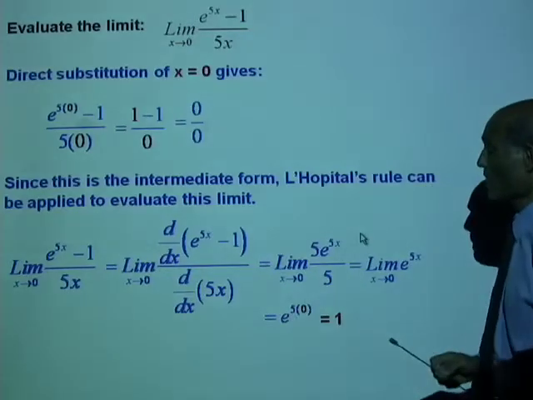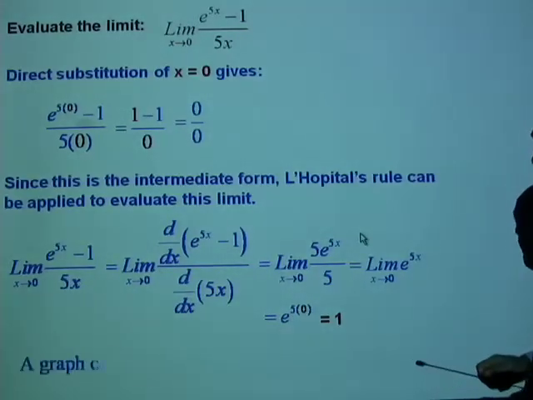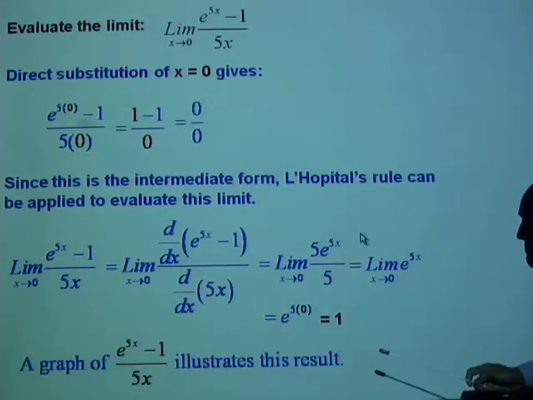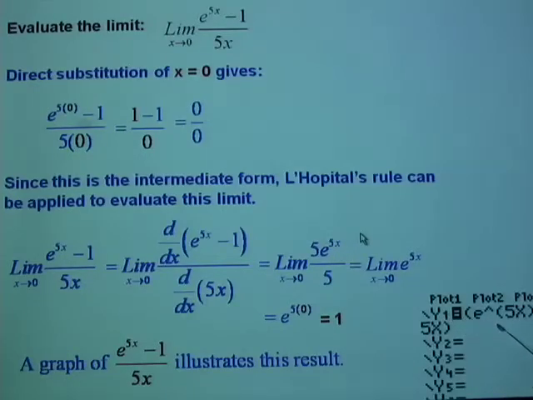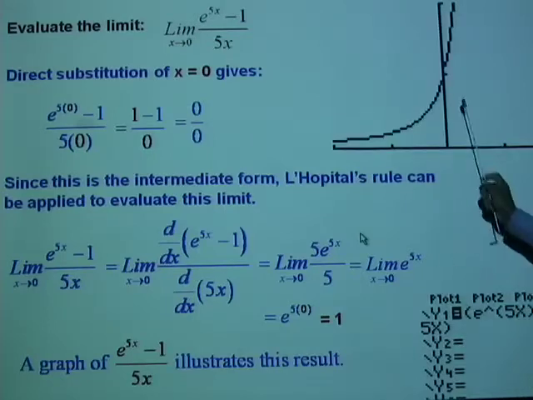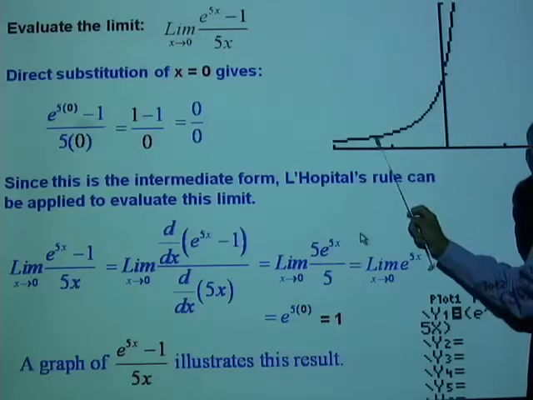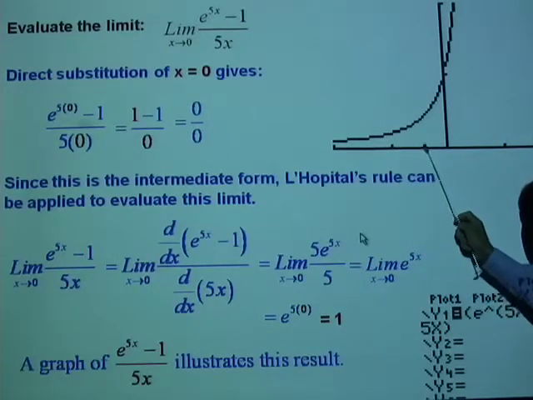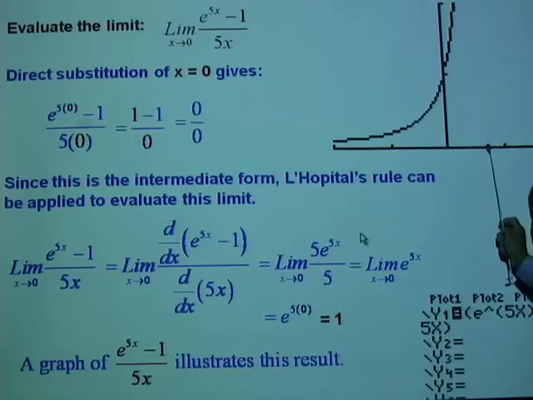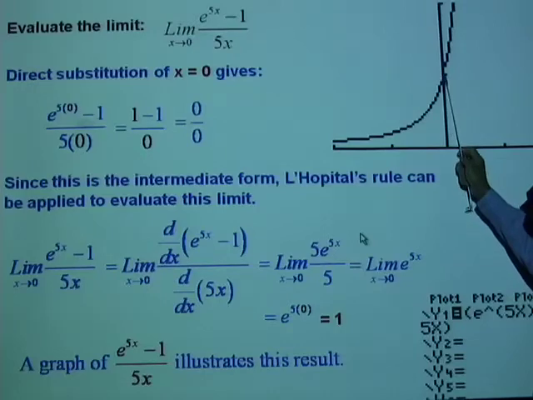Try this on a calculator and see what the graph looks like. Put it in as y1 and draw the graph, and you can see that as x approaches 0 from the left and from the right, the value of the limit is 1.